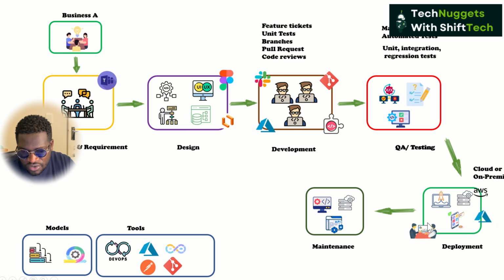Then from there you have your business, which represents the UAT environment where they're demoing, and we can also represent the live environment where now the system is being used, right? And under maintenance you can have a ticket logging system where, if the business has found something on the system, they can log a ticket, then you can take it up again, and the whole process continues.